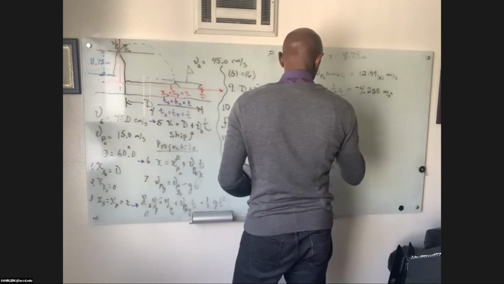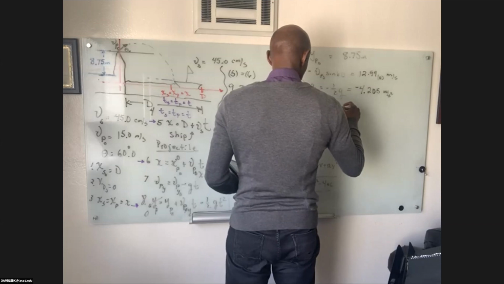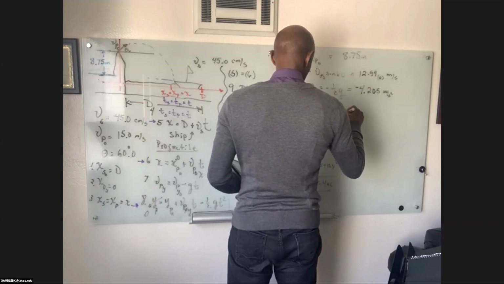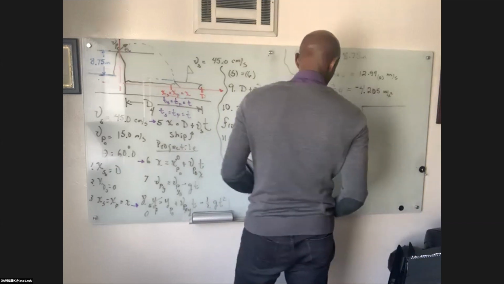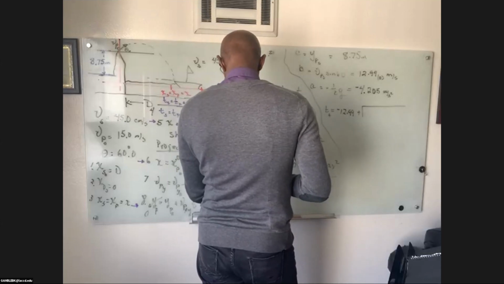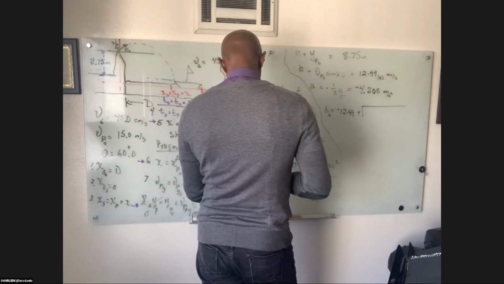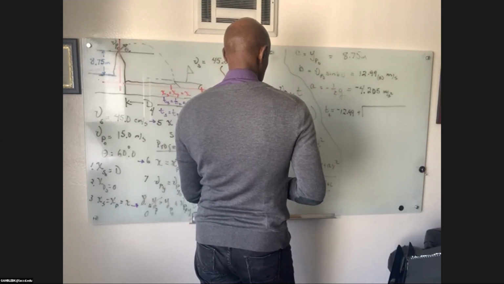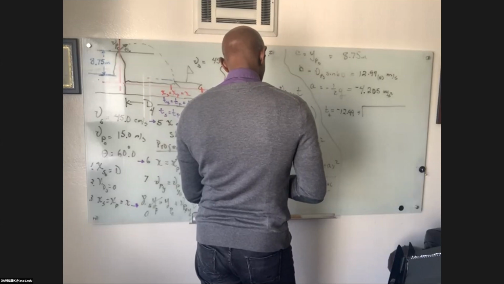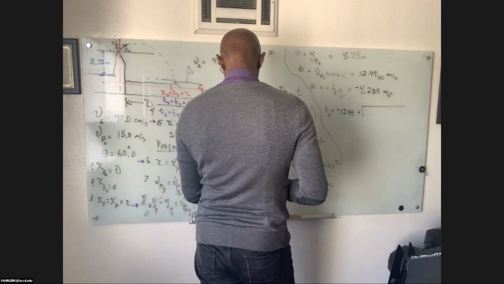So T plus is minus 12.99 plus square root of 12.99. So we do the radical inside. Square root. And then 4. Okay. A is, C is, plus.